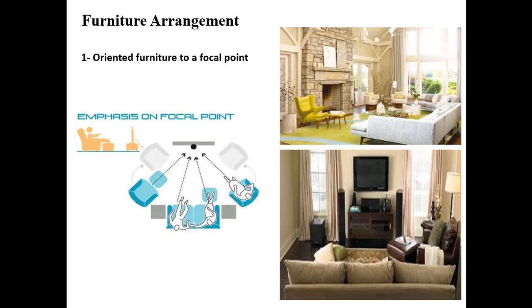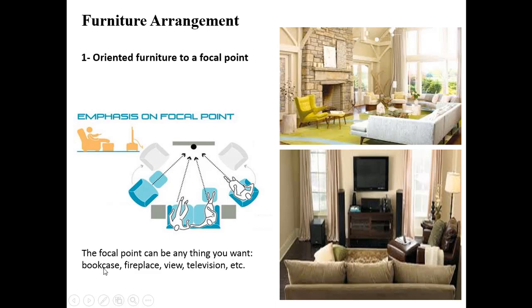Okay, how? First, orient furniture to a focal point. This means we have a very important point here and we orient all furniture towards this focus point or focal point. The focal point can be anything you want, like a bookcase, fireplace, view, television, and so on. Here, as we see, this is our furniture oriented to this one because of the good view here and the fireplace.